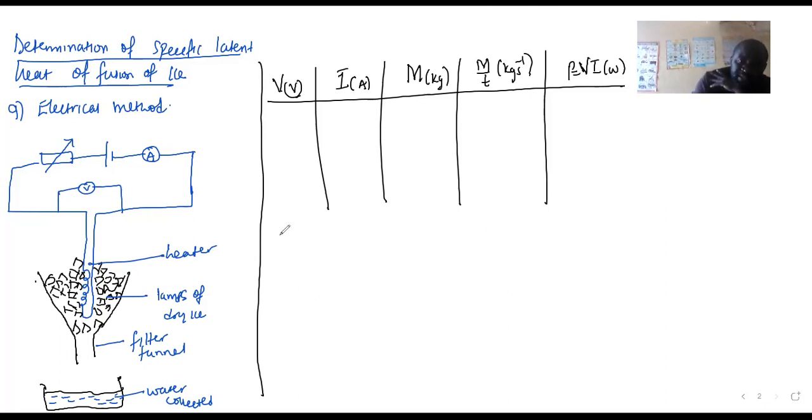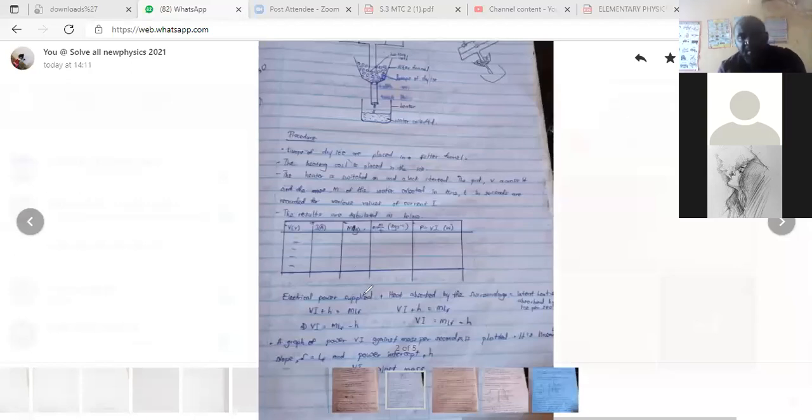So I was saying electrical power supplied by the heater plus heat absorbed by the surrounding is equal to the heat that has been absorbed by the ice per second.